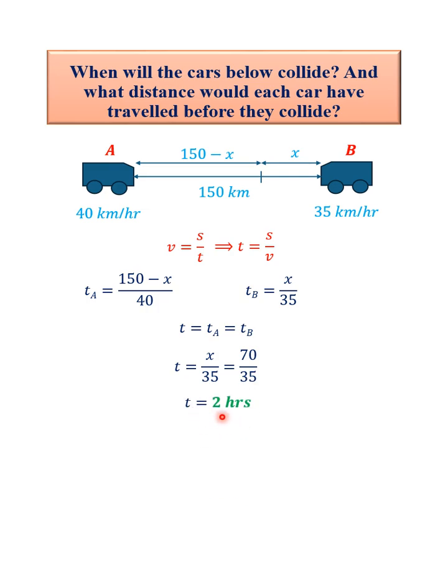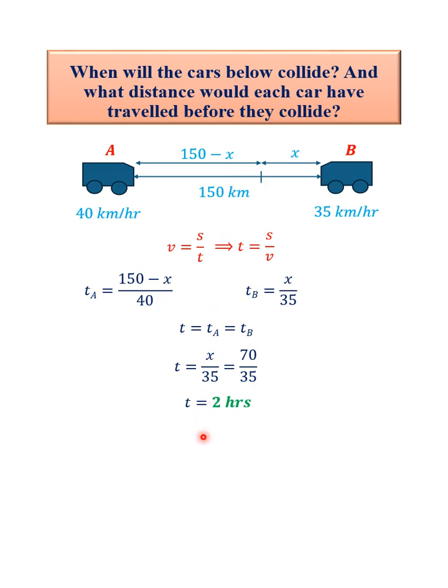So it takes 2 hours for the cars to collide, and B would have traveled 70 kilometers while A would have traveled 80 kilometers. So you can see that the question is very simple but logical.